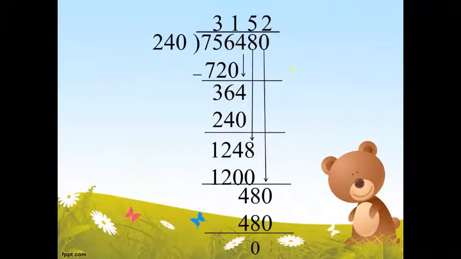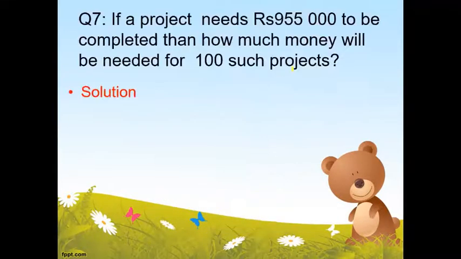Now coming towards our second question, if a project needs rupees 955,000 to be completed, then how much money will be needed for 100 such projects? Again, we know about a project, means one project, and we want to find about 100 such projects.